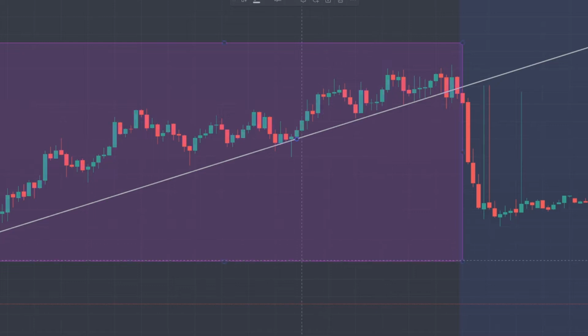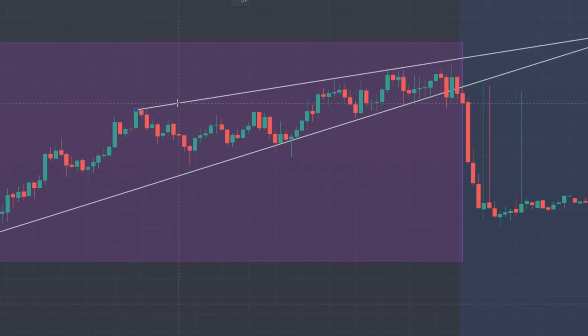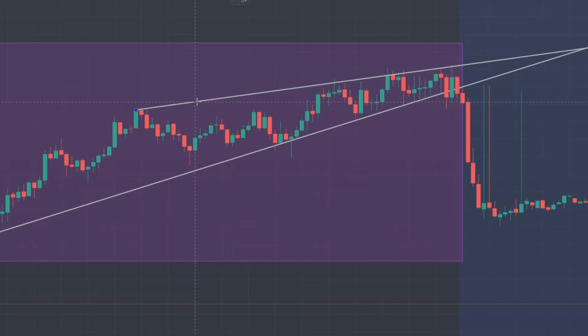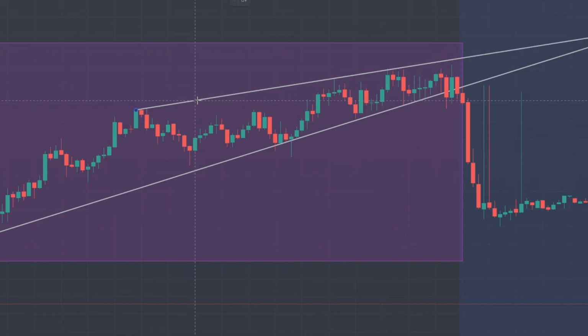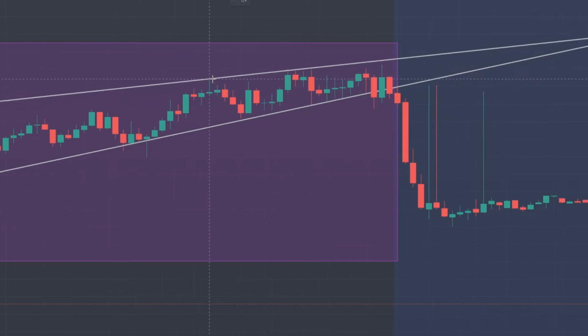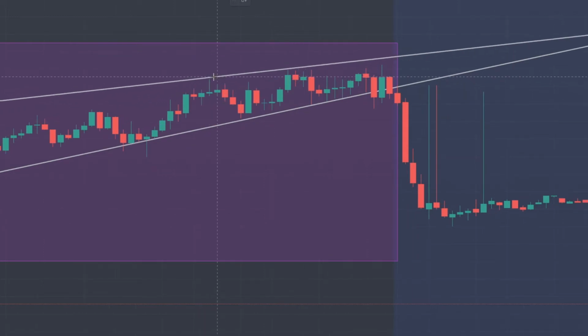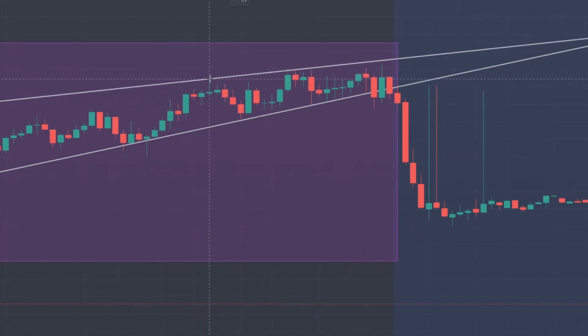With regard to the top trend line, I did mention that we need to start from a high green candle body. Here I have identified a high green candle body. I will go ahead and start my trend line there and touch as many candles as possible. Again, if I raise it up, touching the wick over here, we can see that we do not touch as many candles as we would like to.